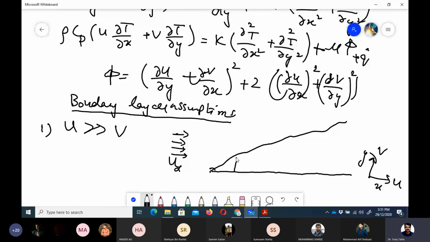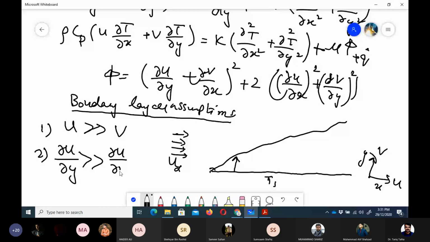So it means that the flow changes rapidly from the surface to the boundary layer thickness. So I can also say that the second assumption I can take is that partial u by partial y is far greater than partial u by partial x.